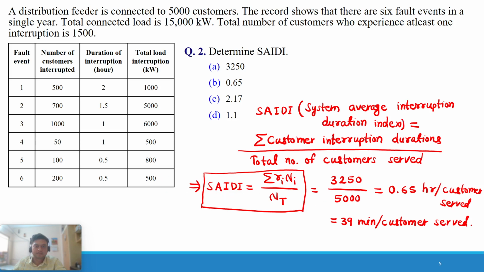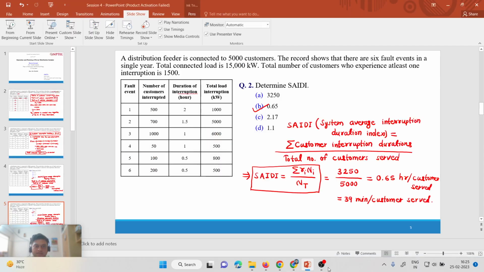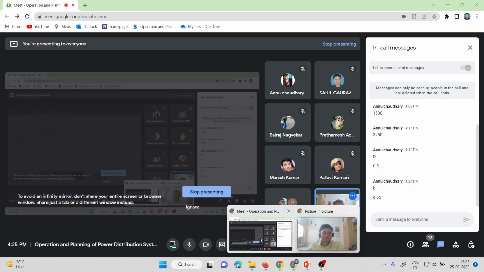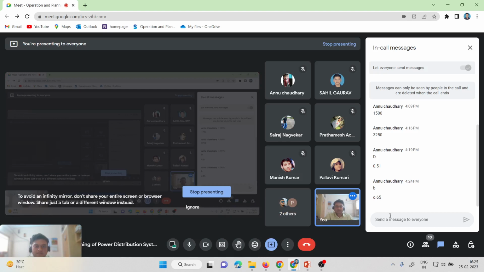So the correct answer for question number 2 is B, 0.65. Yes, is it correct or no?